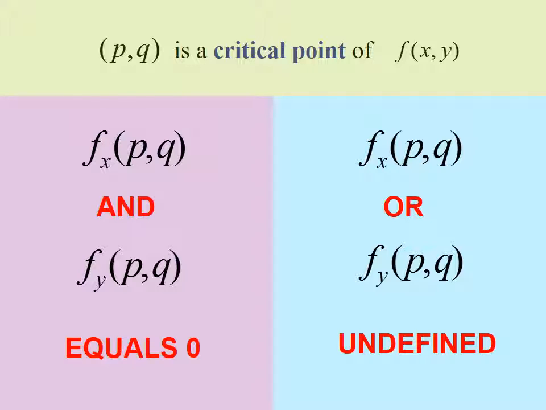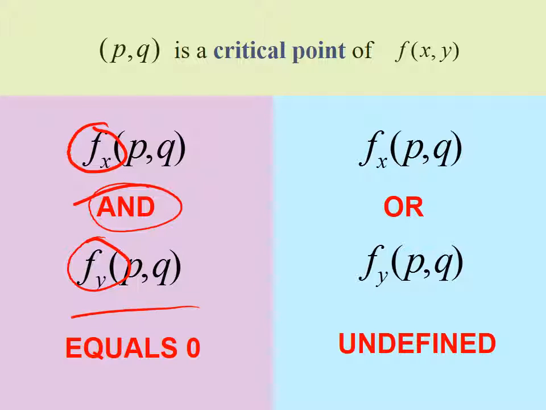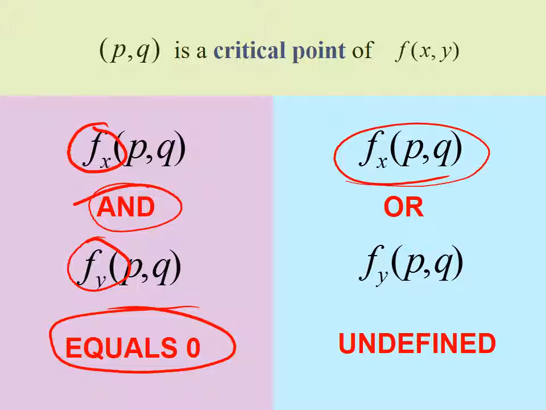And this is basically our computational technique. If we have the partial of x and the partial of y both equal to 0, then we have a critical point. We also have critical points where either the partial of x or the partial of y is undefined.